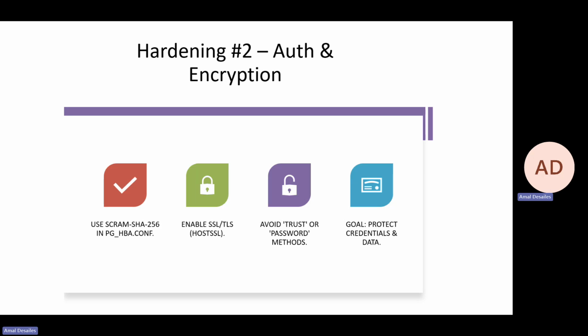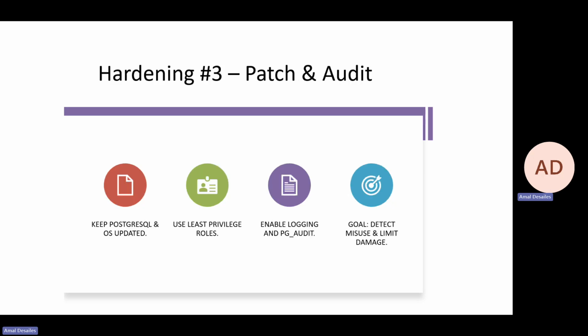Use hostssl entries in pg_hba.conf and also configure the server certificates. This prevents credential theft over the network and also protects data in transit. If you must support legacy clients, isolate them behind VPNs rather than weaken the authentication.